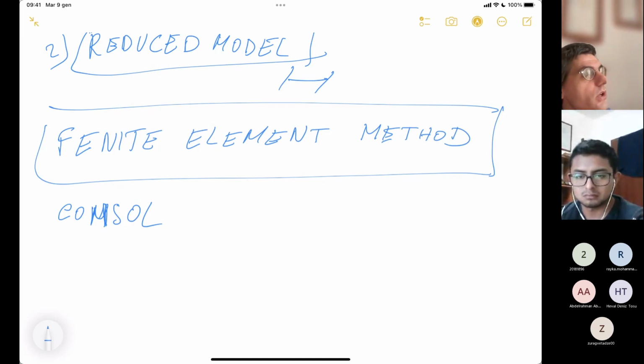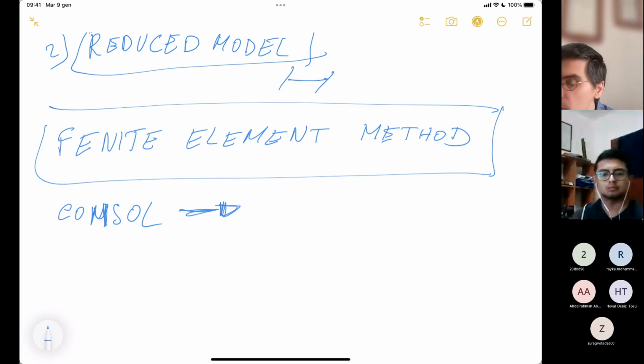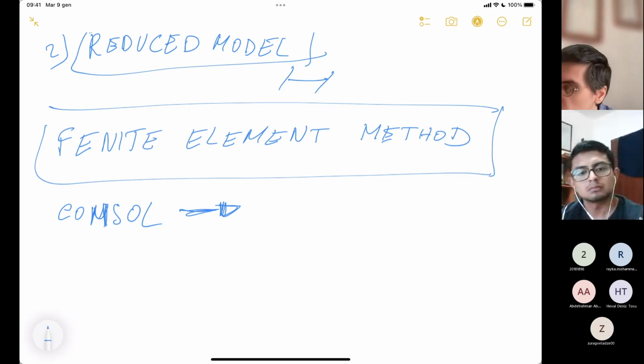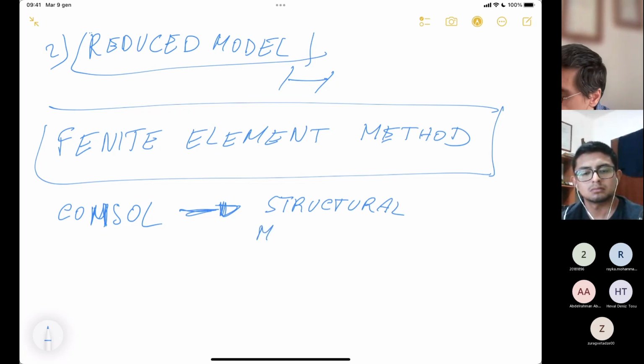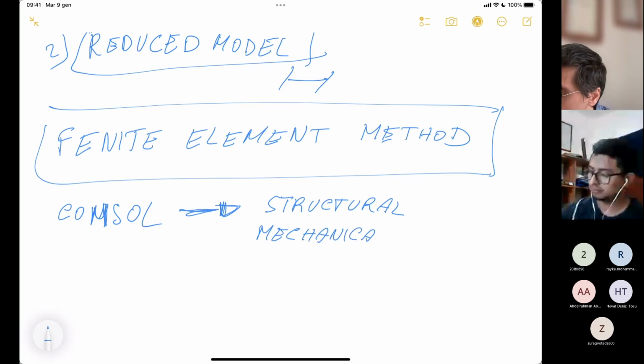We can use COMSOL in two different ways. I will show you both. One is to use the structural mechanics tool.